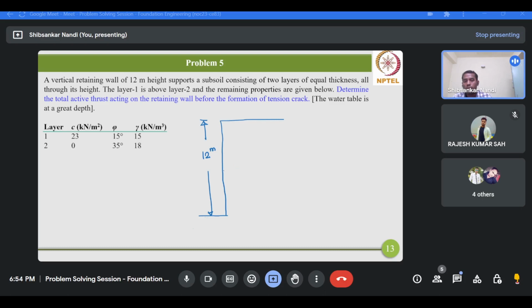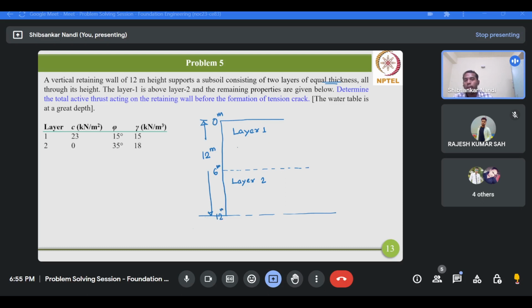Okay, so this is your layer 1 and this is your layer 2. Now layer 1 and layer 2 both have equal thickness. So that means, rather I can mention it in this fashion: 0 meter, 6 meter, and 12 meter.